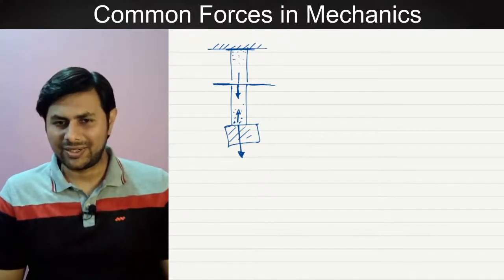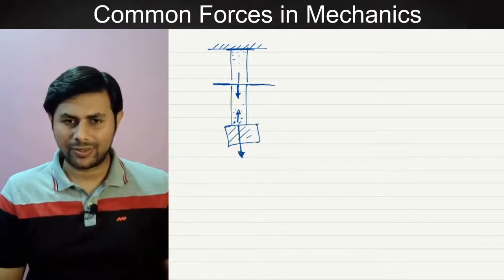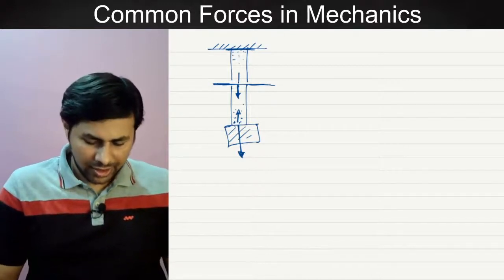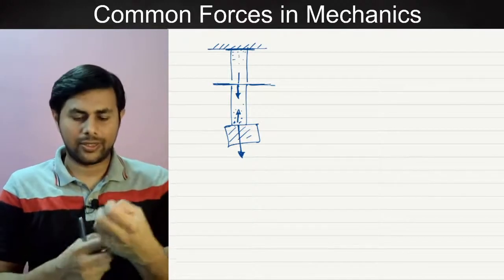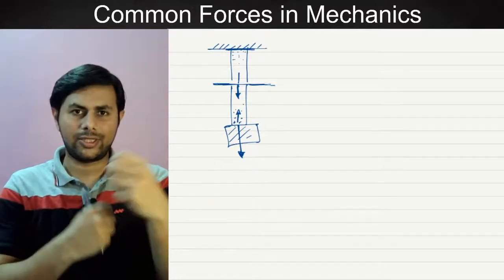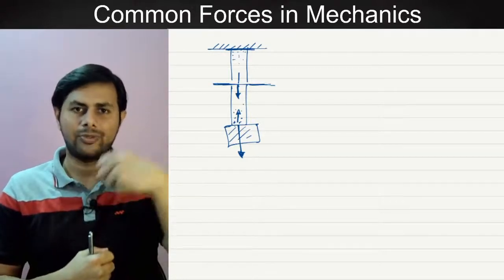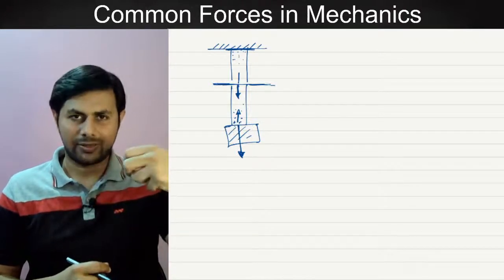So what will be direction of tension? This rope is pulling the rigid support downwards. So rigid support, according to Newton's third law, it is pulling the rope upwards.